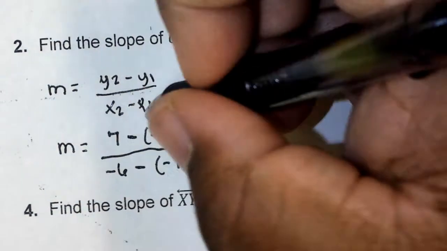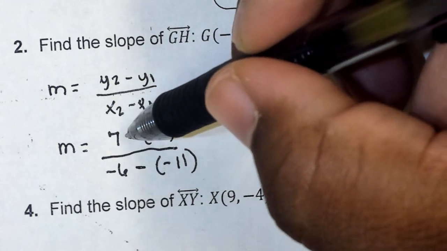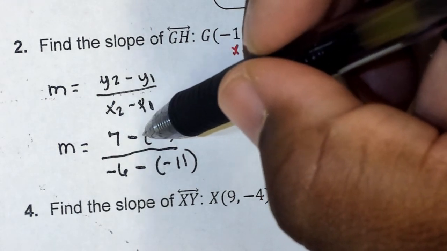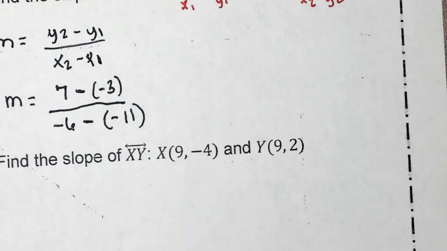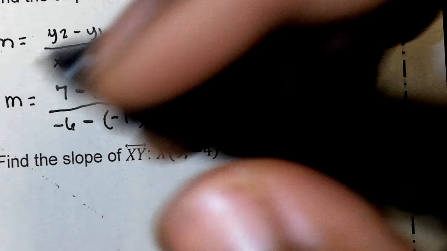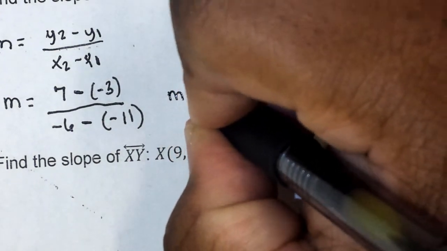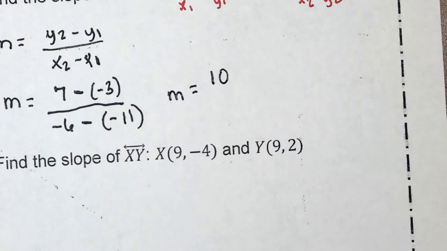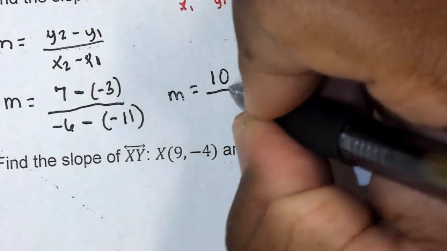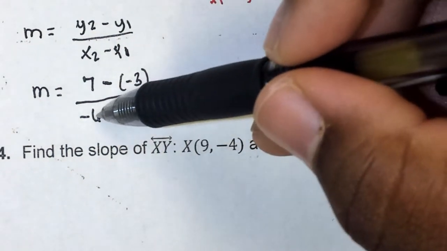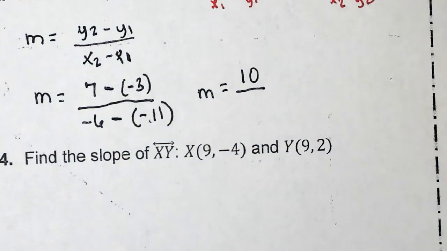So, what is it? 7 minus negative 3 on top. Y'all should know double negatives really turn into a plus, so it's really saying 7 plus 3, which gives me positive 10 on top. On the bottom, it's negative 6 minus negative 11. Got the double negatives again, so it's really saying negative 6 plus 11. Negative 6 plus 11 is positive 5.